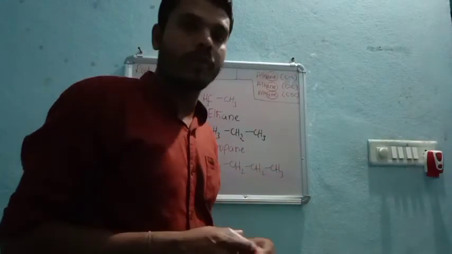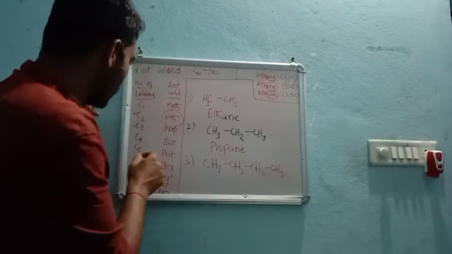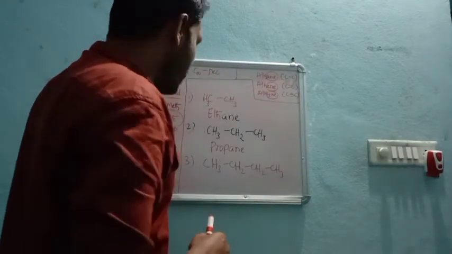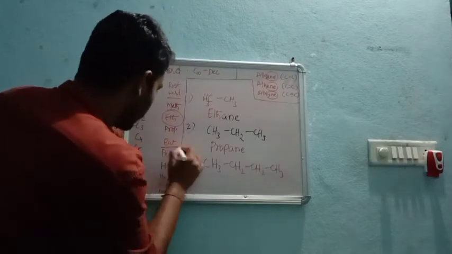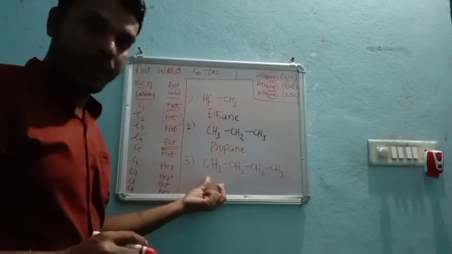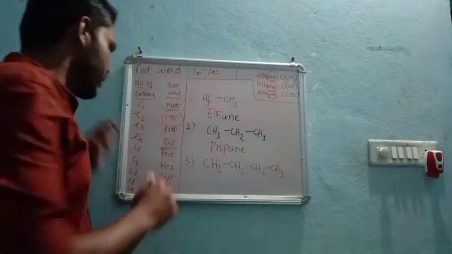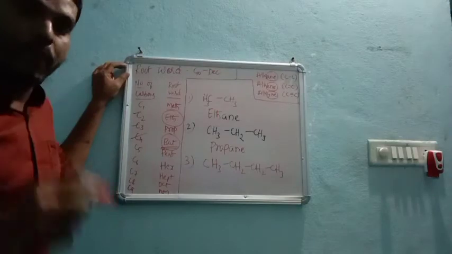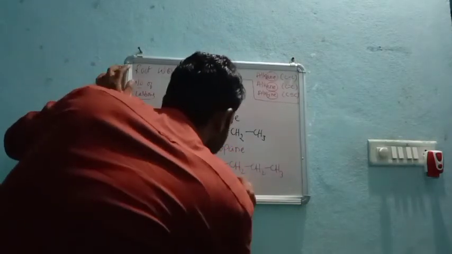Four means what do we need to do? We need to check the root word. The root word is but. If we have 4 carbon atoms in the given organic compound, we need to add the prefix but.